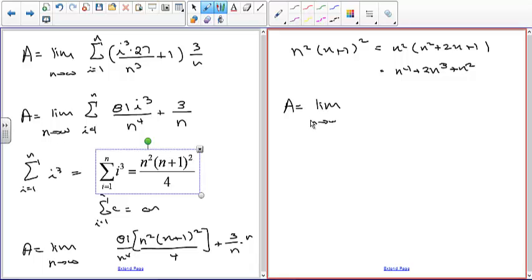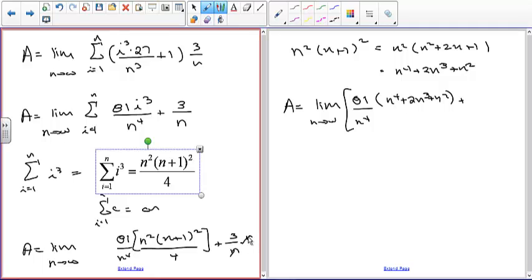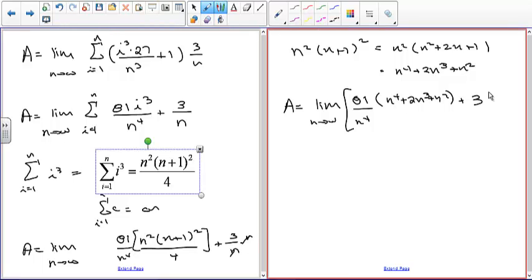So take the limit as n goes to infinity of 81 over n to the fourth times this thing, n to the fourth plus 2n cubed plus n squared. So that's this multiplied out. And then the last term, the n's cancel out, so you see that just is plus 3.